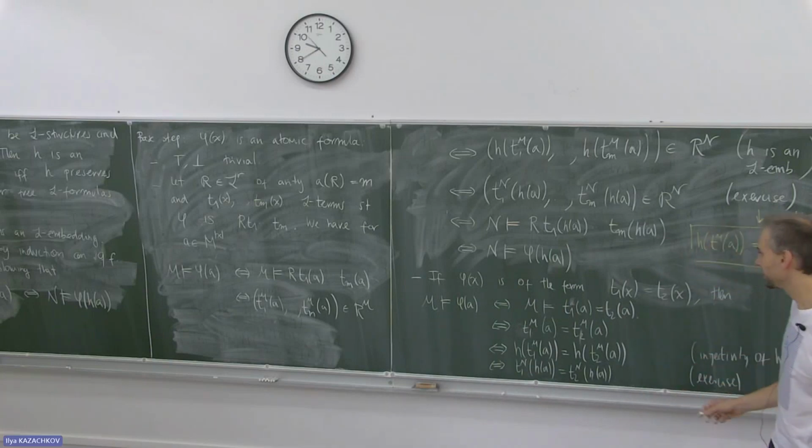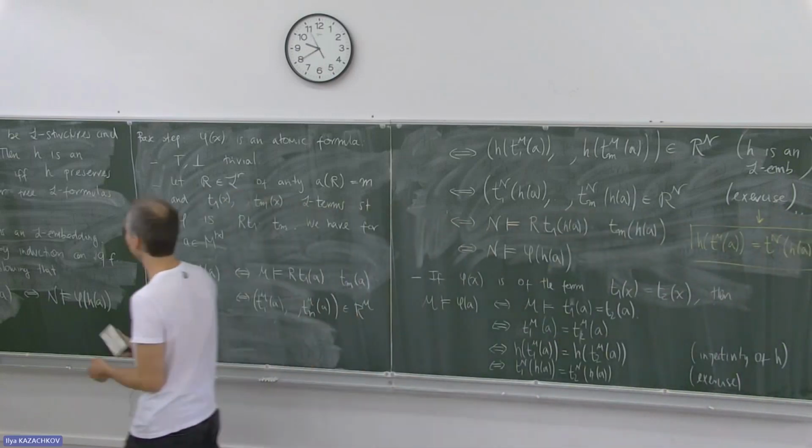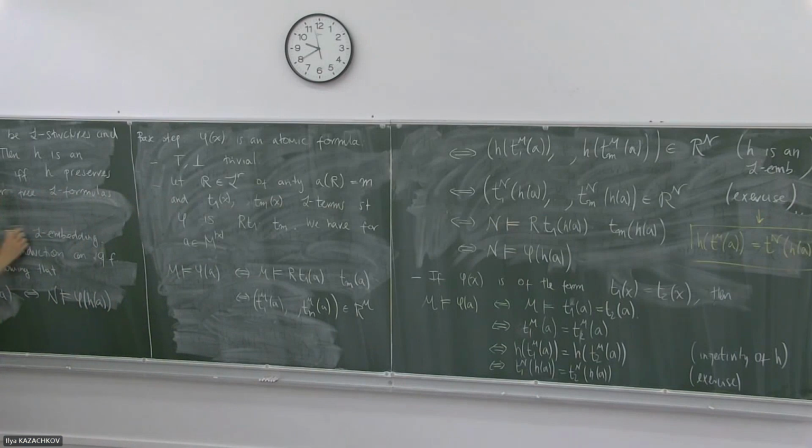And the last one is simply saying that the formula holds. This is if and only if N satisfies this formula, T1 H of A equal to T2 H of A, which was precisely what we wanted to show, right? This is phi of H of A. So we're done for atomic formulas, right?